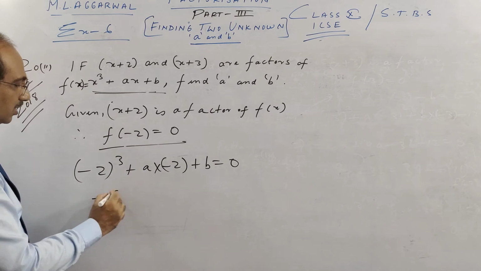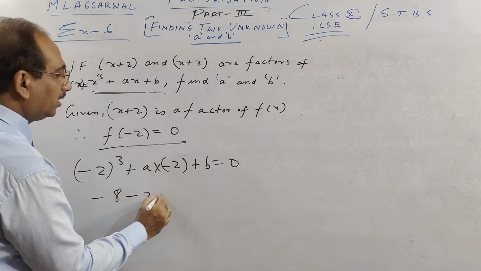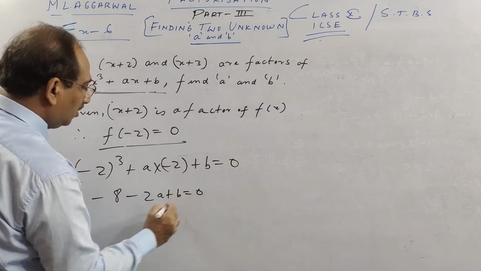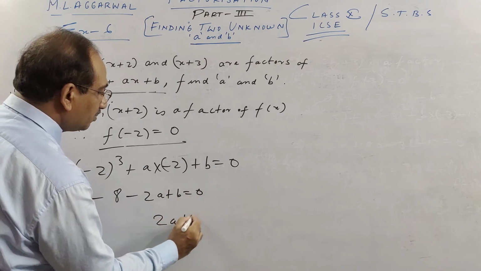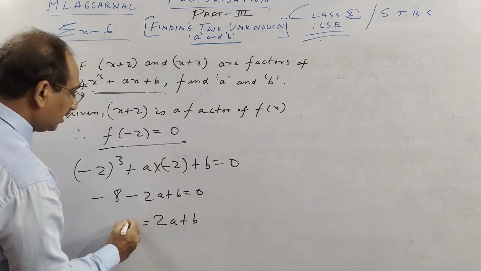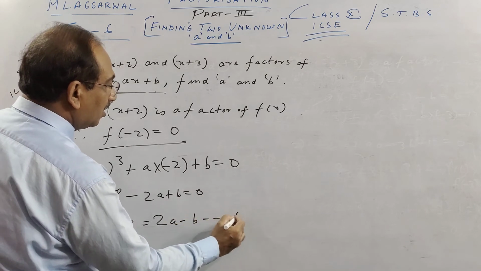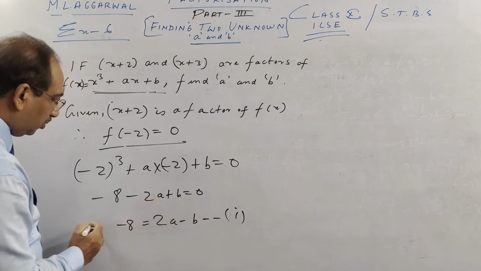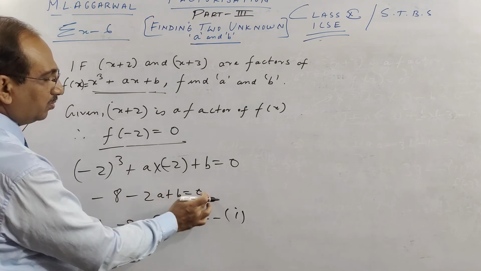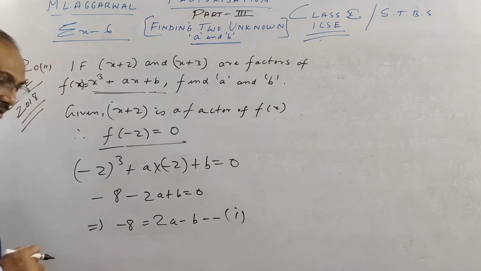So what do we get here, children? Minus 8 minus 2a plus b is 0. So finally what I do, I transpose minus 2a to that side and b to that side and let minus 8 remain. So 2a minus b is minus 8.